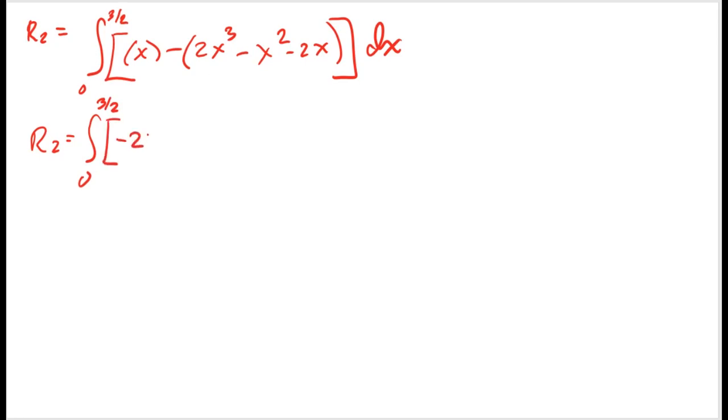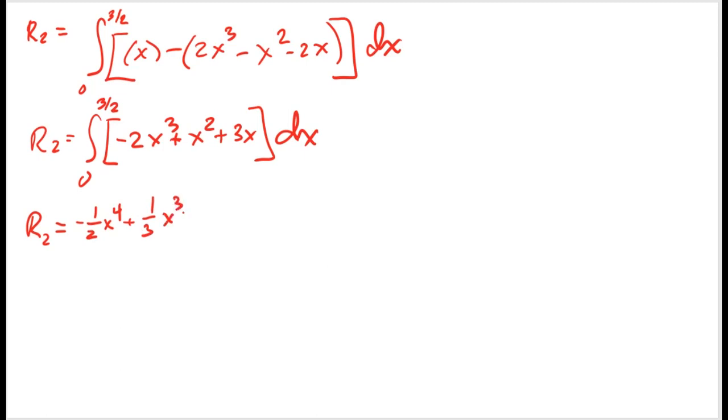We get negative 2x cubed minus, make that a plus, x squared plus 3x. We've combined all the like terms, and you'll find that the antiderivative is the same, just with different signs. And we have different bounds to plug in.